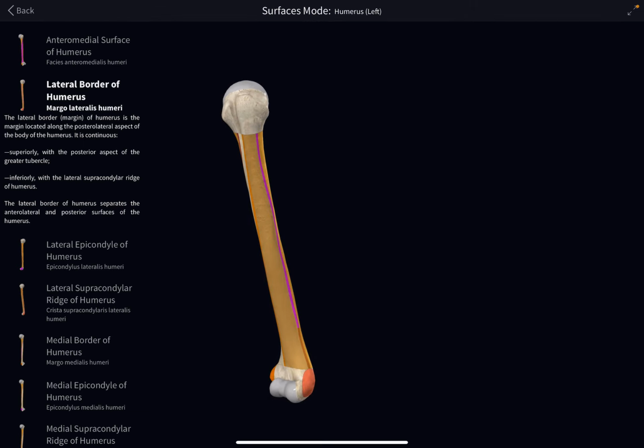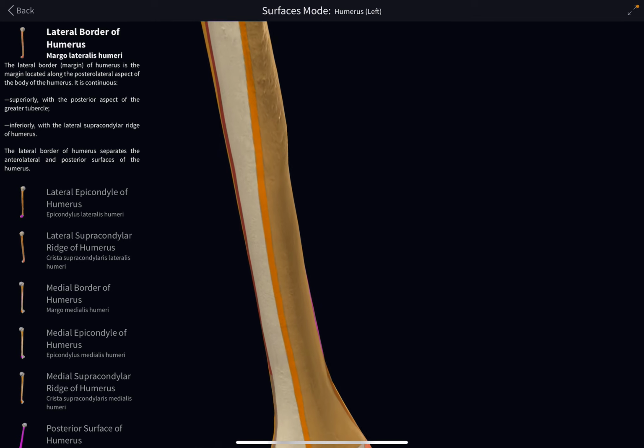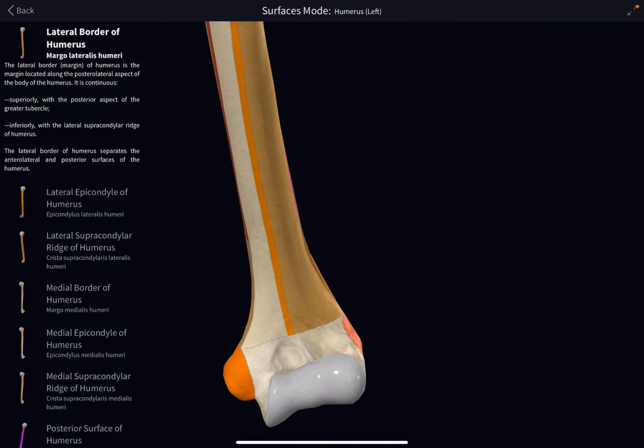So now tell me the borders. The three borders are anterior. This border is the anterior border. This one is the surface. This one right here is the medial border, and more laterally we have the lateral border. Remember, the lateral and the medial borders in the lower part are sharp and are given a different name.